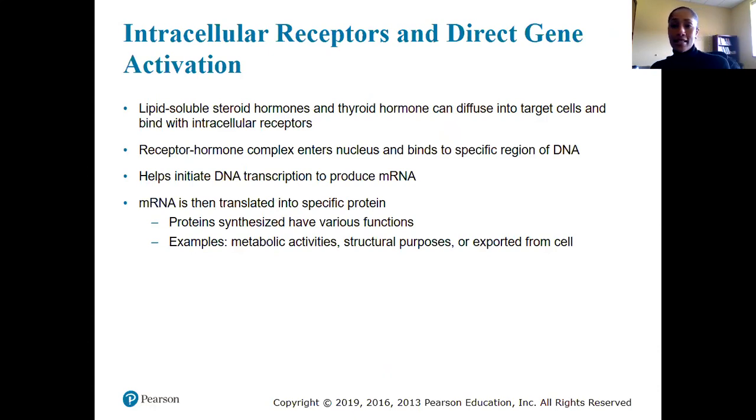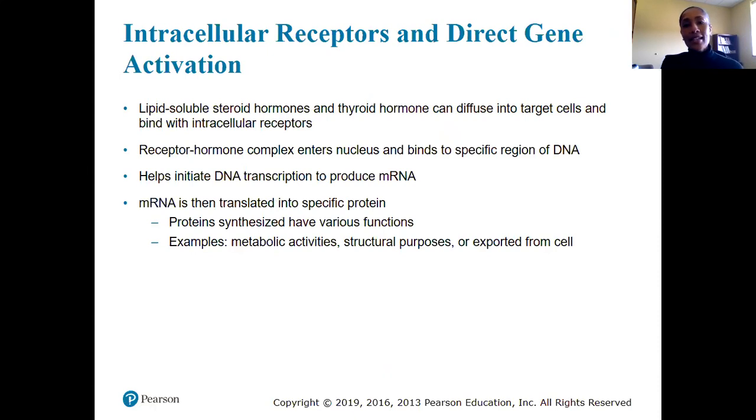Their receptors are actually going to be internal instead of external, like the amino acid-based hormones. Typically with steroid hormones and thyroid hormones, the receptors are found on the nucleus so that the hormones can diffuse across the nuclear membrane and get inside the nucleus to have a direct effect on DNA.